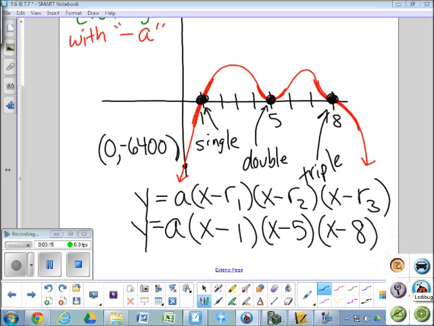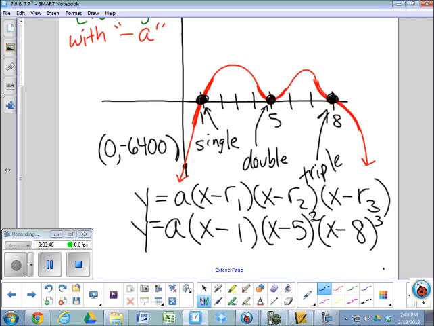But I'm not done. Because at the first root, it's a single, so you don't need an exponent outside the parentheses. At 5, it's acting like a parabola, so give it a squared to make it act like a parabola. That's what does the trick. And at x minus 8, put a cubed because it's acting like a cubic function there.